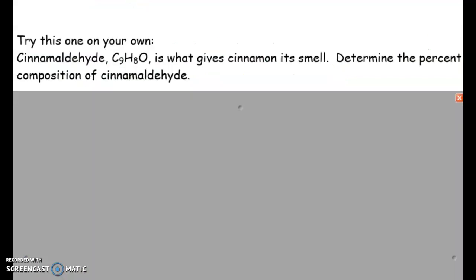Okay, so I'm going to have to give you one more to try. So this is for cinnamon aldehyde. So it's C9H8O. So it's actually the compound that gives cinnamon its characteristic smell.